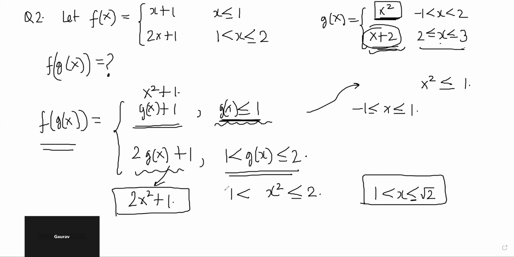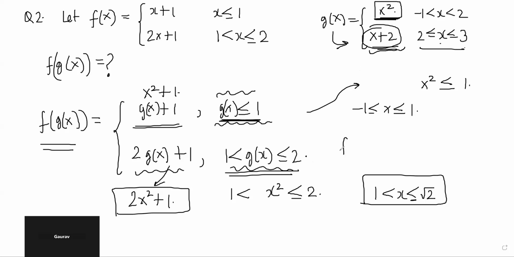Do you understand what I'm saying? Yes, sir. We are seeing that the other version of g of x is never used because it is never in this range. The only version of g of x that we were able to use is x squared. And we have already found f of g of x.